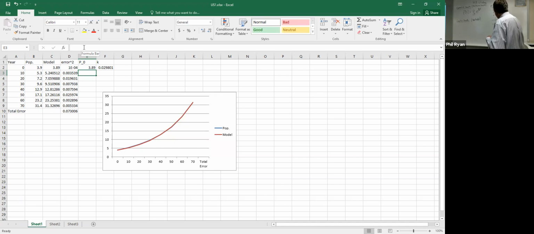Verhulst said, maybe you'll have a growth rate like this, so that it starts off at the same level as here when there's hardly any population around, but as it proceeds along, the growth rate drops linearly with respect to the amount of population. If you go ahead and do that, you get the following logistic equation.